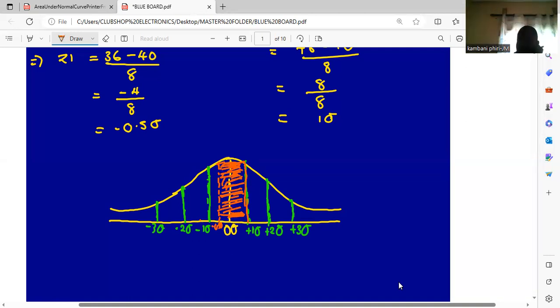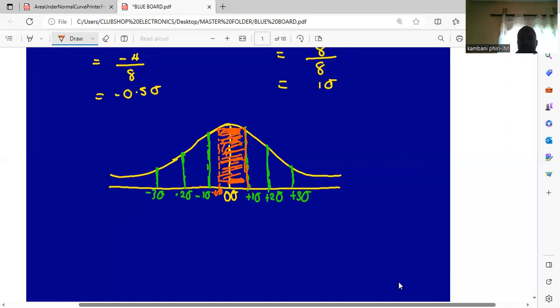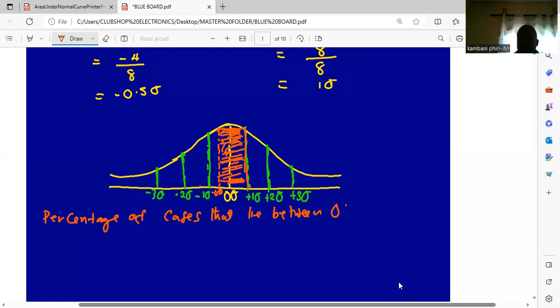So we can first find the percentage of cases that lie between 0 sigma and negative 0.5 sigma.